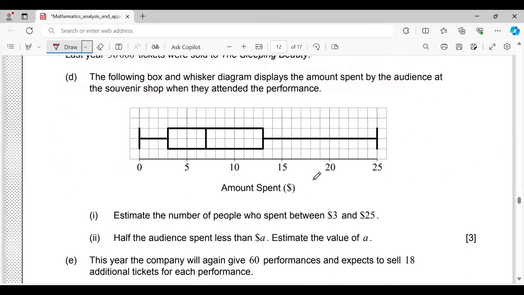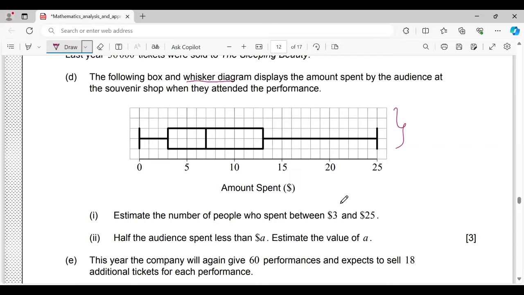Next, the following box and whisker diagram displays the amount spent by the audience at the souvenir shop when they attend the performance. Right, it's the data. Estimate the number of people who spend $3.25.